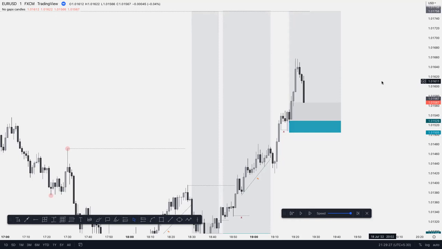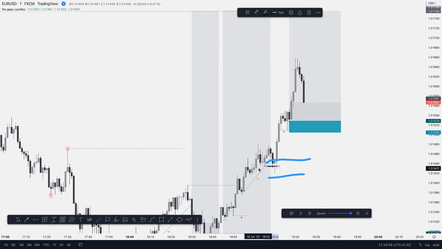Everybody can mark here. Okay, all right. So in this case, as we mark here, this is a minor structure that has been taken out, correct? And like this, it goes higher.